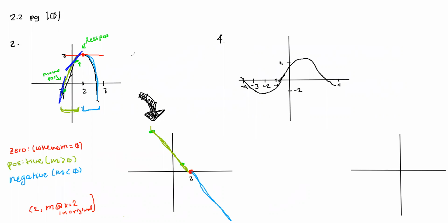Because at this point, it is less negative. And at this point, it is more negative. So less negative when x is equal to like 2.5, more negative when x is equal to like 3, right? Mm-hmm. So that's how I end up with this line coming down here.